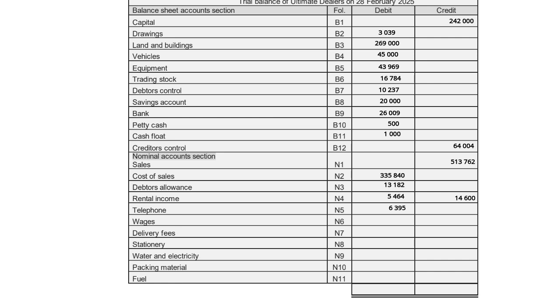Delivery fees has a debit total of 290. Stationery has a debit total of 14,135. Water and electricity has a debit total of 12,460.